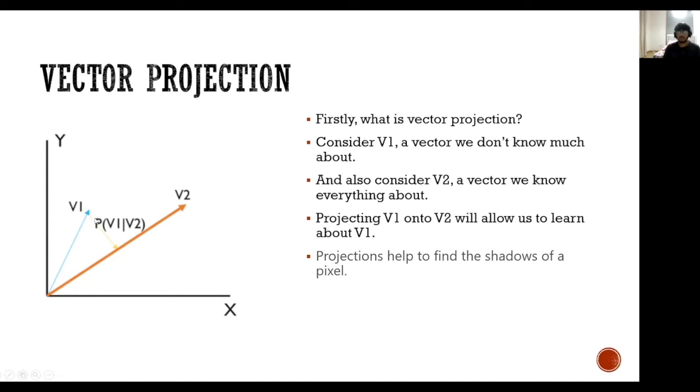What we can do is project this vector onto v2, and this projection allows us to find out the details of vector 1. Now, where is this used in machine learning? Especially in pixel data or images, these projections can help us find the shadows of a pixel. And by shadows, I mean literal shadows, which are caused by light, right?